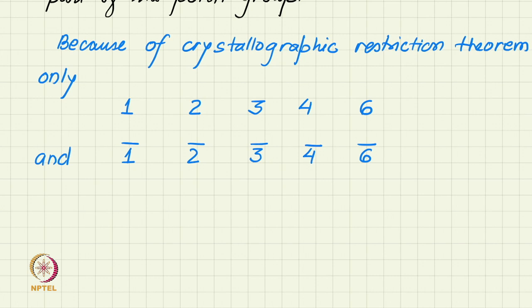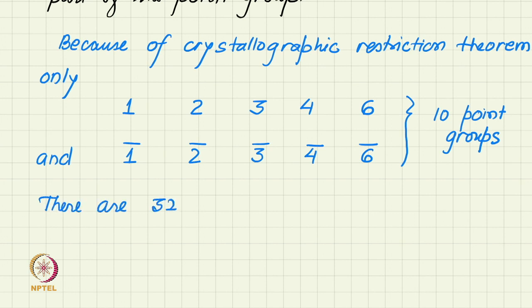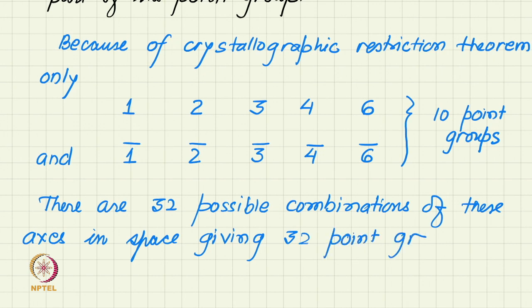So, these themselves constitute 5 plus 5, 10 point groups, but in total there are 32 possible combinations of these axes in space, giving 32 point groups.